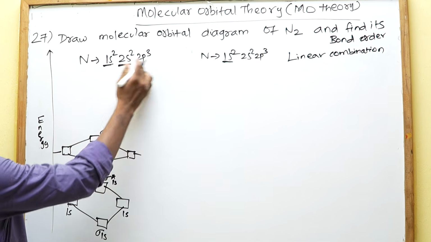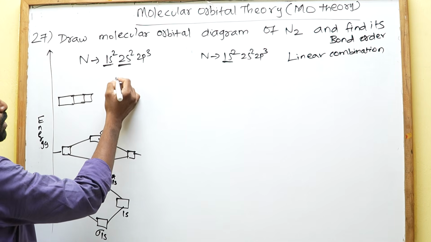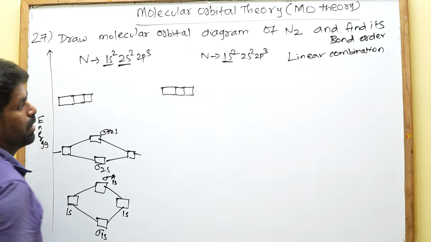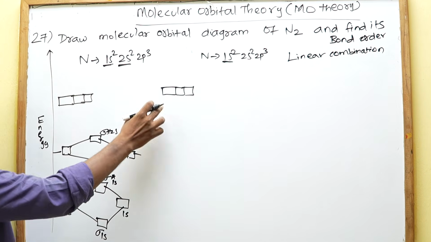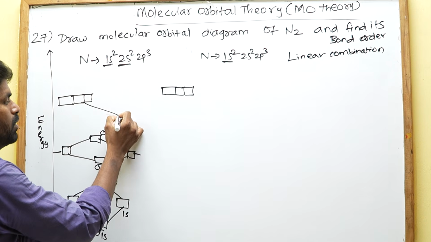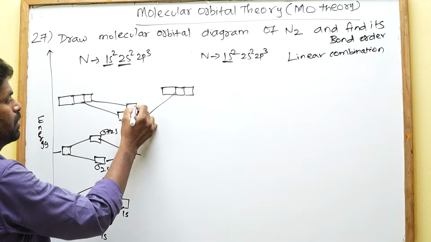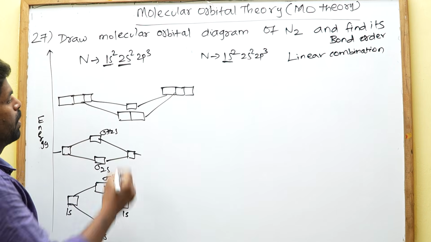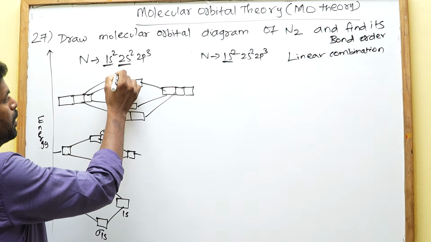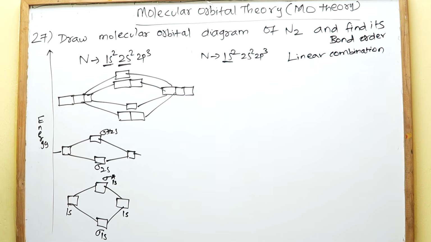Then we have 2p3. So 3 orbitals of this nitrogen and 3 orbitals of this nitrogen can be written like this. These 6 orbitals are going to form 6 molecular orbitals. 3 of them are bonding molecular levels, and 3 of them are anti-bonding molecular levels, like this.